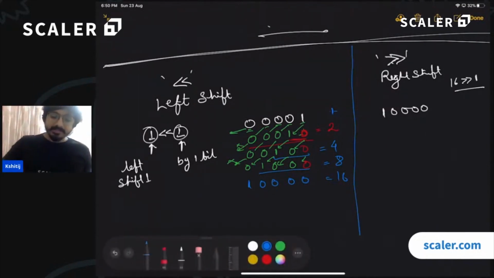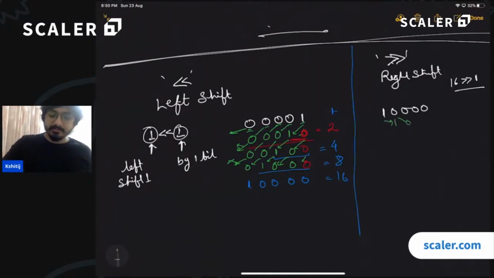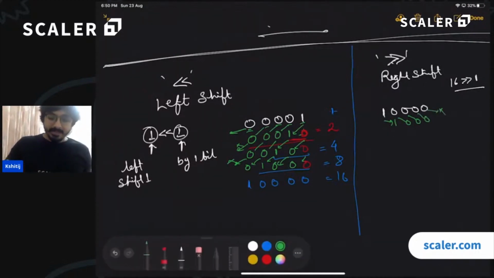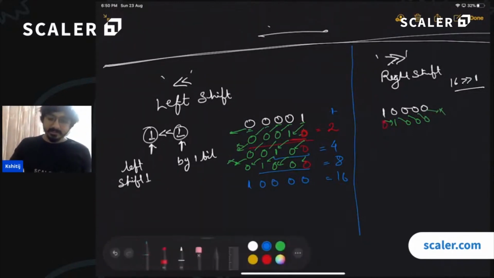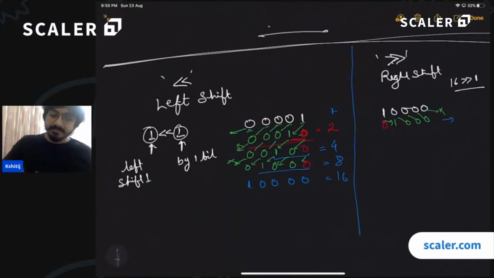All these bits will be shifted towards the right by 1 bit. So 1 comes here, 0 comes here, this 0 comes here, and then this 0 comes here. This 0 is gone, and at the left end you will be appending a 0. So what is this number? This number is nothing but 8. So initially you had 16, now you have 8.